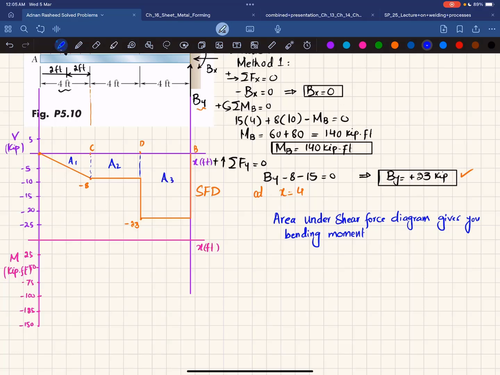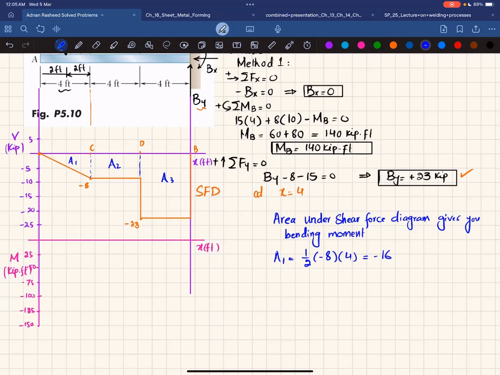So first we will calculate A1. You can see this is a right angle triangle, so its area will be 1 over 2 times base times height. Its base is 4 feet, and height is minus 8. So I can write it as 1 over 2 times minus 8 times 4. And when you calculate it, it will be minus 16.